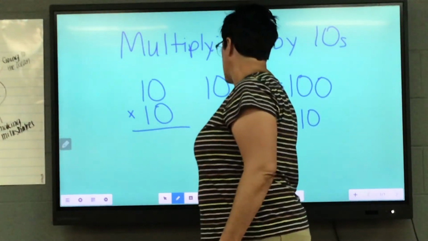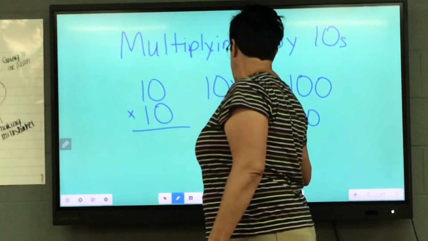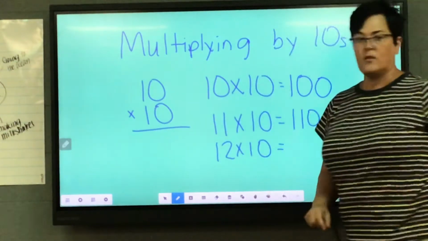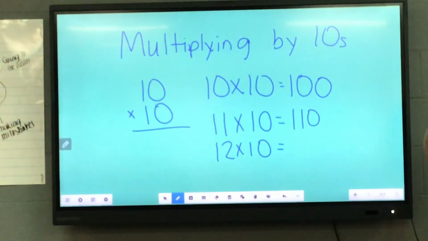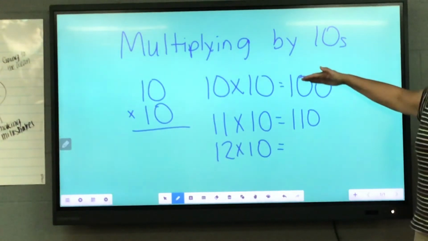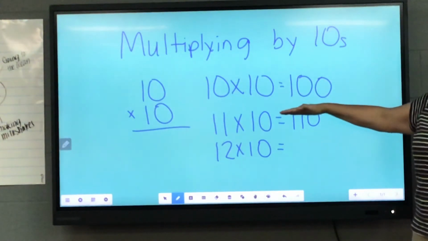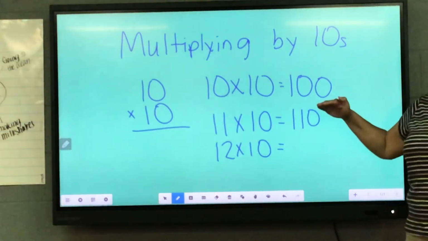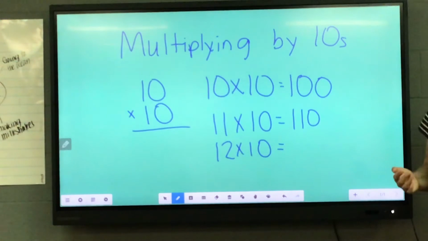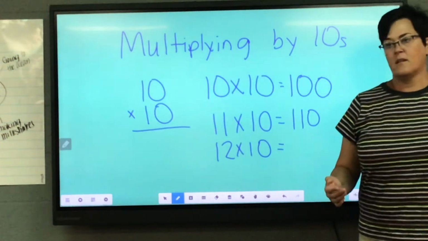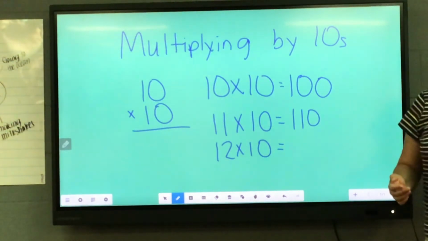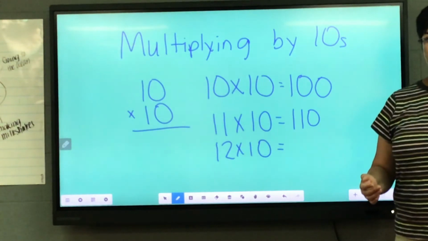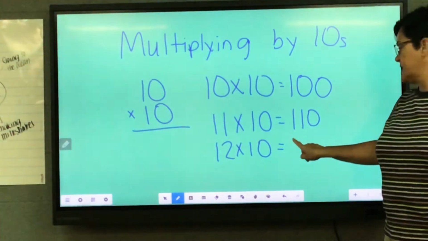What do you think 12 times 10 will equal? If we have 10 times 10 equals 100, 11 times 10 equals 110, 12 times 10 will equal what, Raylan? 120, I think this is what you said.